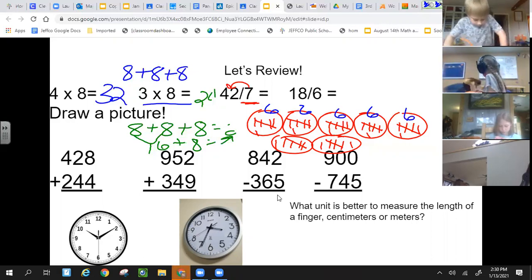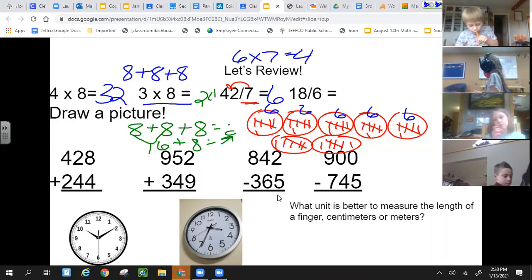So how many 7s are in 42? 6, or 6 times 7 equals 42. I could also use that inverse operation.